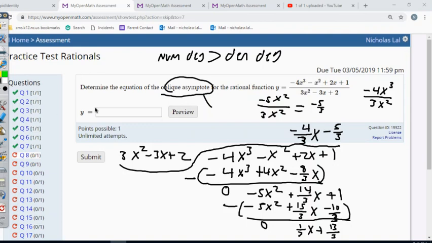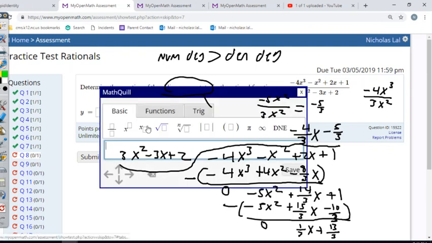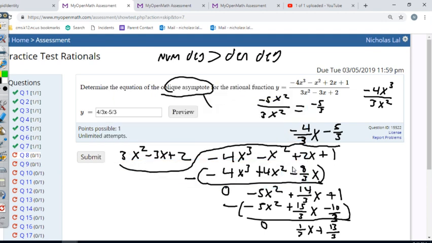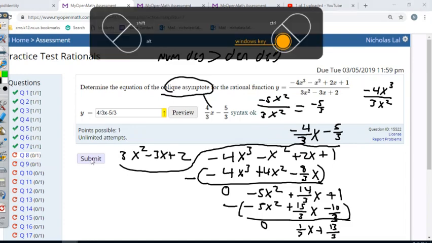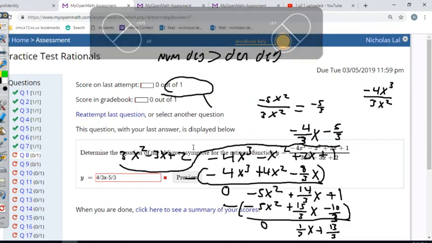Okay. Four-thirds x minus 5/3. All right, I'm not feeling too confident about this one.